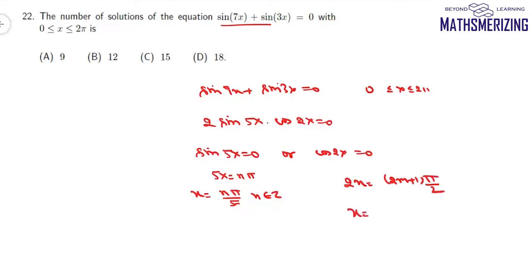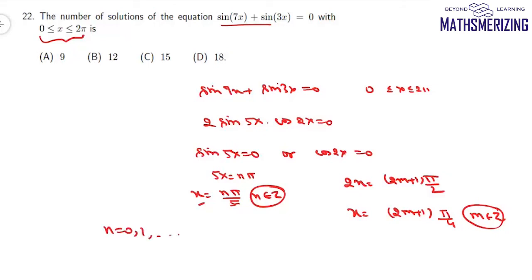So that is x should be (2m plus 1) into pi by 4 for m belongs to Z. Now we need to find for how many values of m and n this value x lies in this interval between 0 and 2 pi. So I can start with n equals to 0, 1, and then what is the maximum value that n can take? The maximum value that n can take is simply 10, because in that case it will be simply 2 pi.